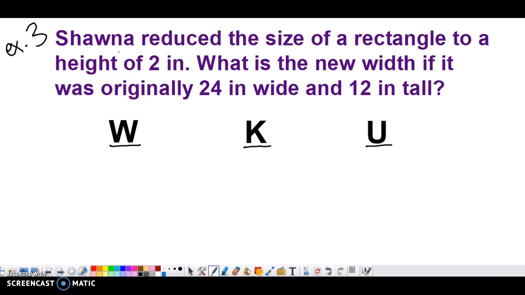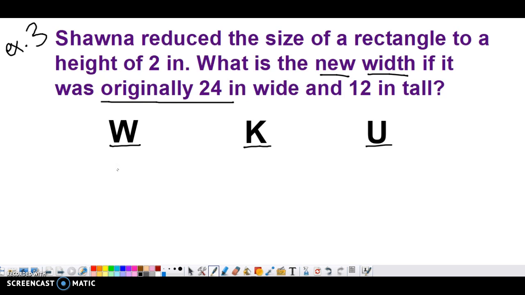Number 3. Shauna reduced the size of a rectangle to a height of 2 inches. What is the new width if it was originally 24 inches wide and 12 inches tall? Okay, so let's talk about what our words are.